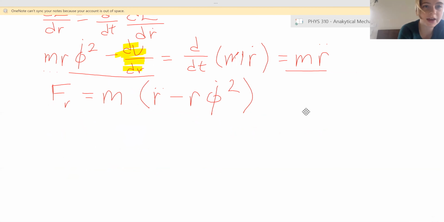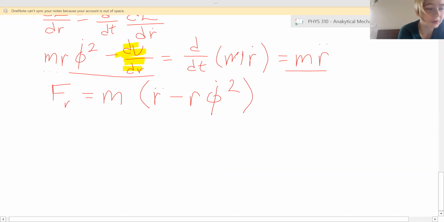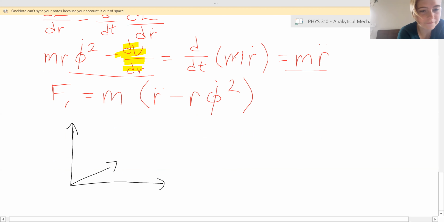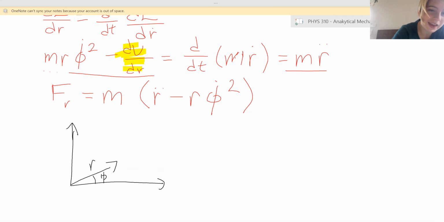So I'm going to draw a sketch of that because it's weird. So what that's basically saying is here's my graph, here's my r, and here's my theta. And then here's what I get produced as like a velocity.